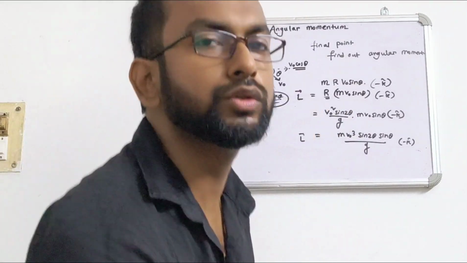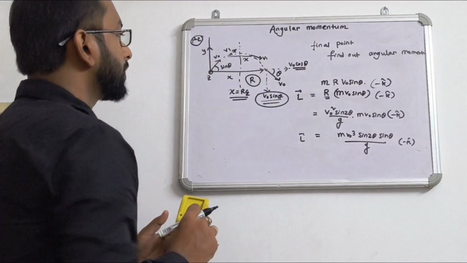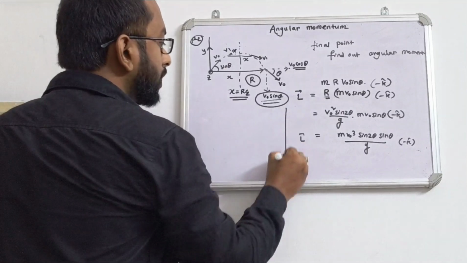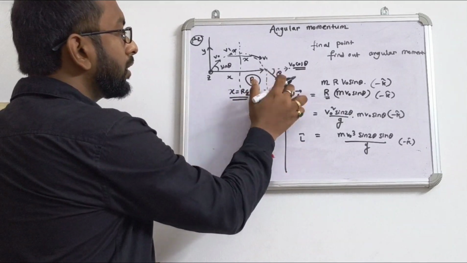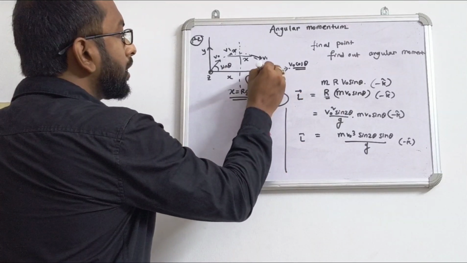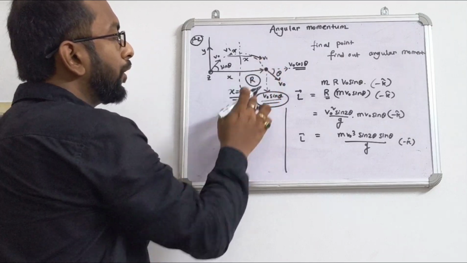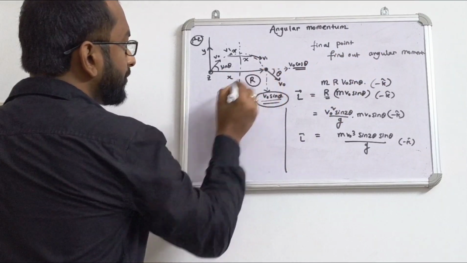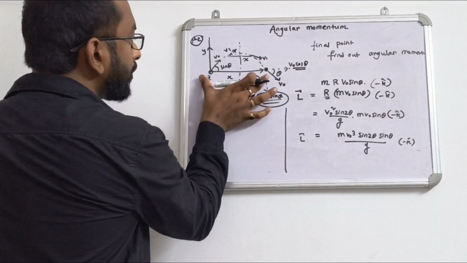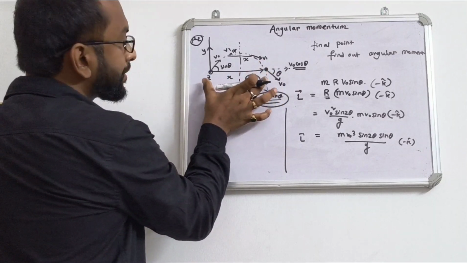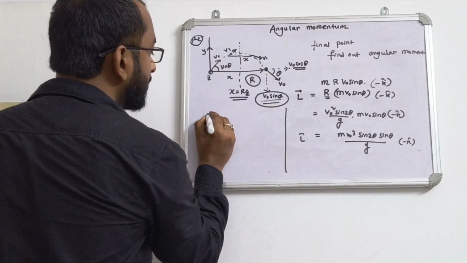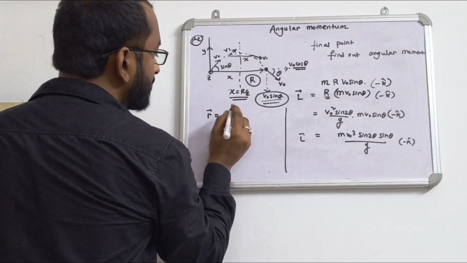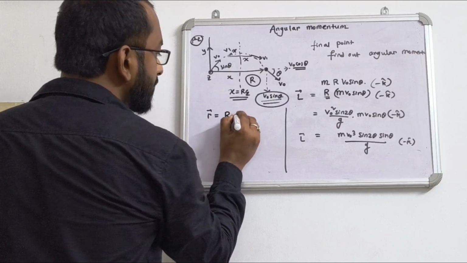Now again we'll use another method, that is the vector method. So here also we can do it. We can write the position vector of this particular point, at which we have to calculate the angular momentum. So what is the position vector of this particular point? See, it only has the x distance. So we can write the position vector as capital R, the range, into i cap.